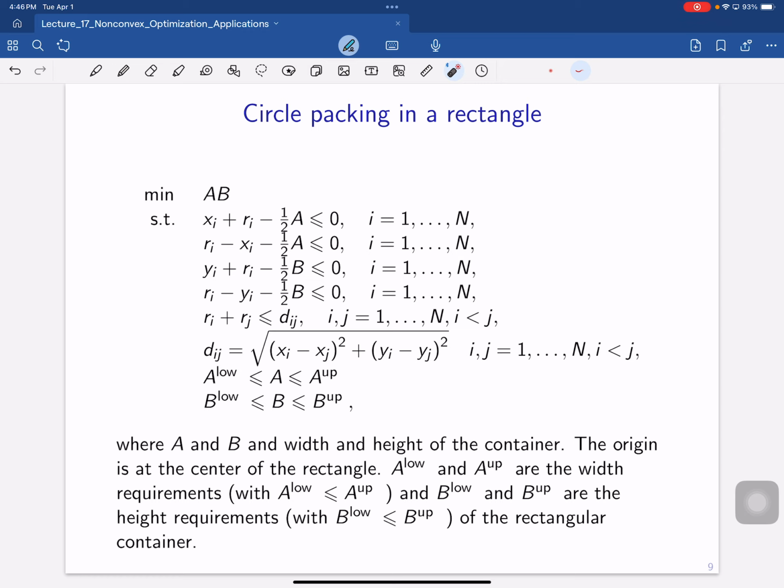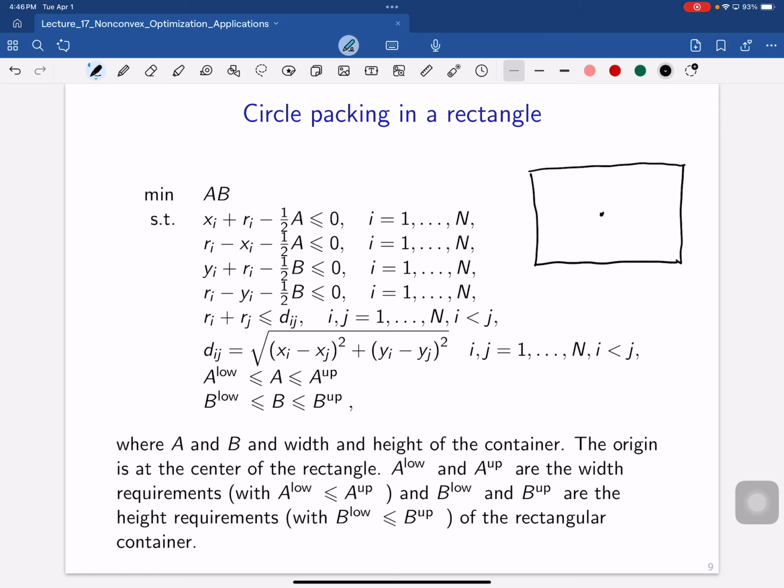But the rectangle is slightly more complicated. So we need to consider the x and y coordinates respectively. So let's assume A and B are the width and the height of the container. So in other words, let's assume the origin of the container is 0, 0, and then you have a container of this shape. A is the, well, I'm not drawing it very well.